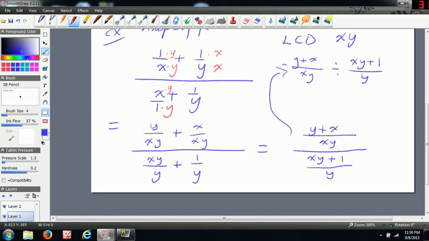So this becomes y plus x over xy times, and then you flip the second fraction. When you flip the second fraction, you get the following. Before I actually multiply these out, I can cancel out the y's.